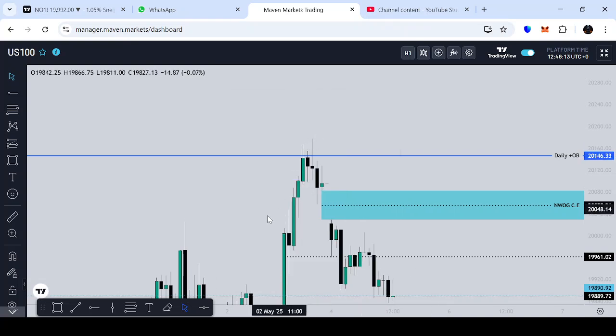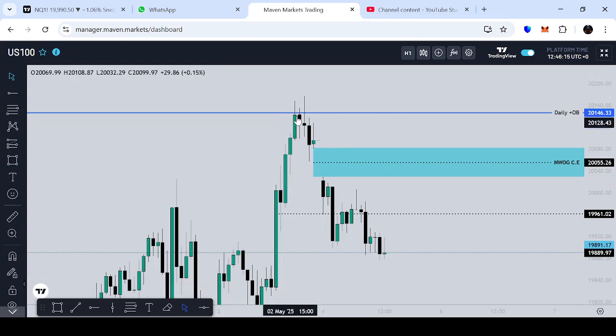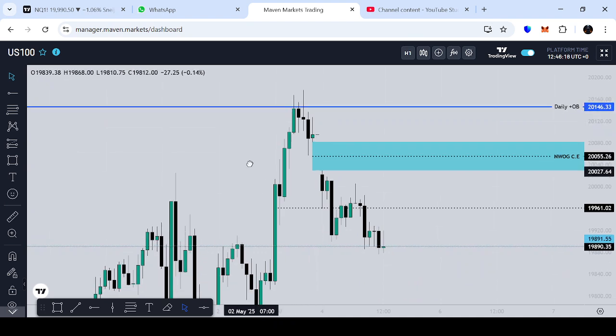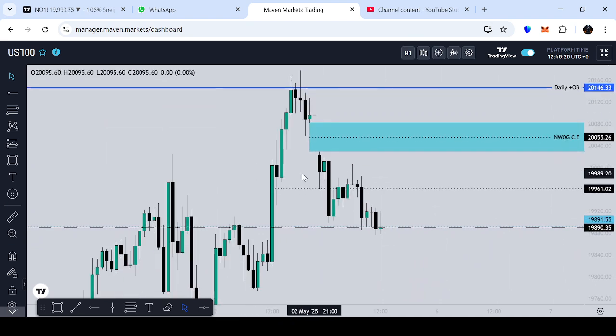This daily order block is a premium area, then a market shifting structure. Here is a market shifting structure and a fair value gap there.